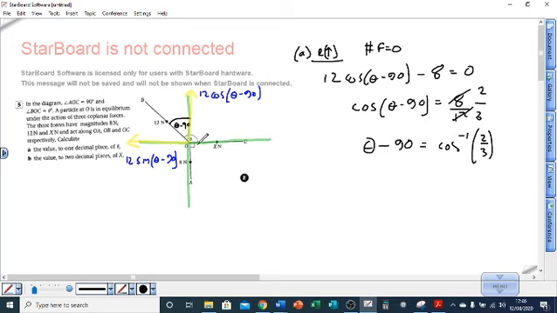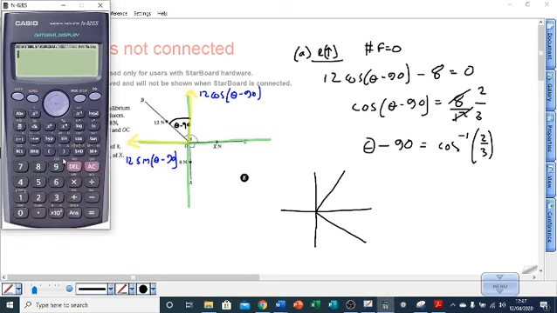Now when we're looking at this answer, we know the answer for theta is an obtuse angle. So on my calculator and using a CAST diagram, you know that the angle can be positive here or here. All I've got to do is work this out on a calculator in degree mode. So open the calculator up.